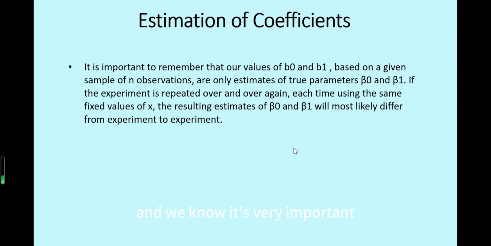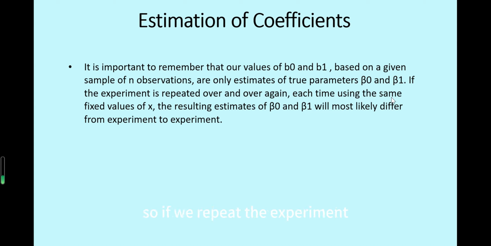It's very important that the values of b0 and b1 are random values, because they are based on a given sample of n observations. So they are only estimates of the two parameters beta 0 and beta 1.